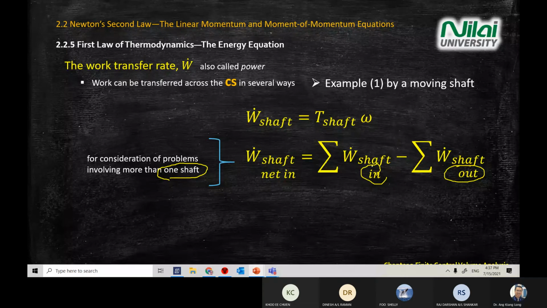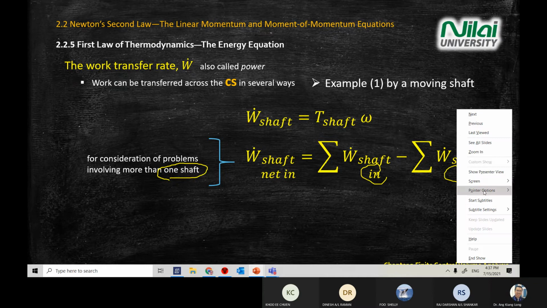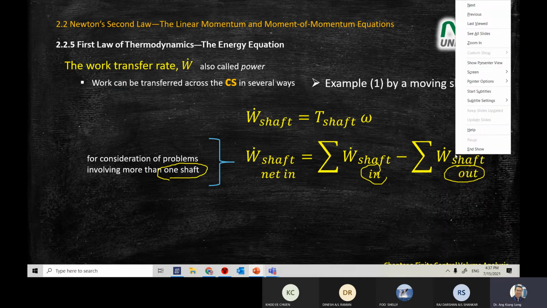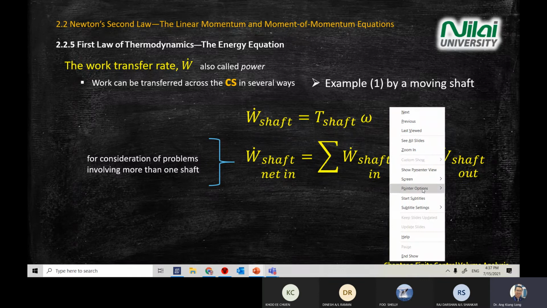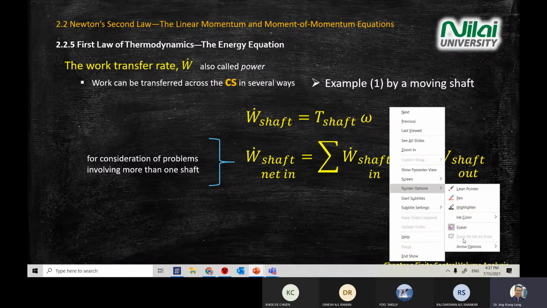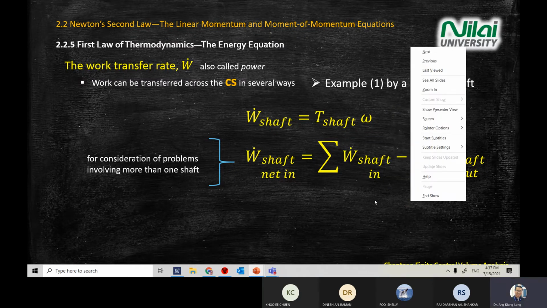Okay, so this is how you do it when you have more than one shaft. We'll look at one example later on. So far we try to cover the theory first. Then once you understand the logic behind it, you can solve the question accordingly.